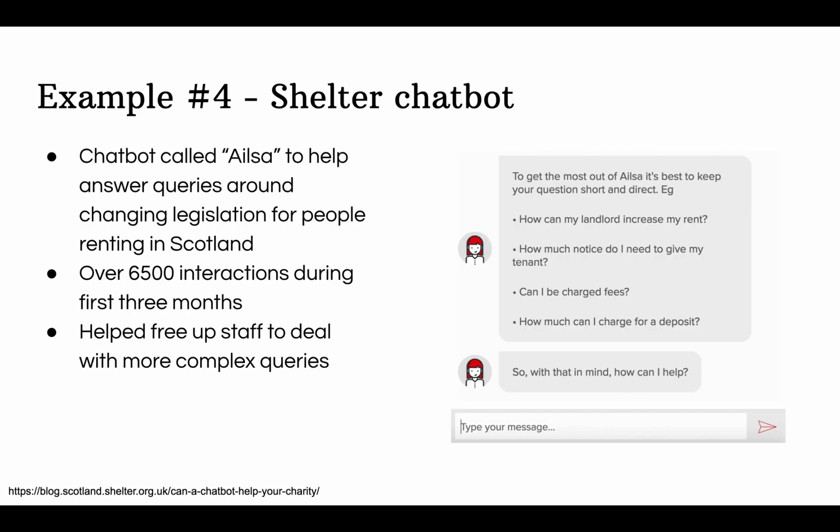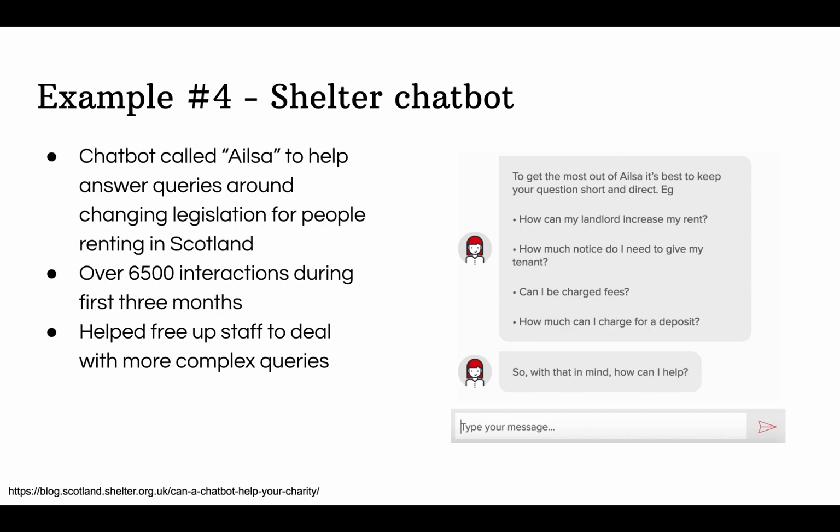And finally, Shelter. Shelter in Scotland decided to put a chatbot together in response to changing legislation for people renting in Scotland. They knew that with this new legislation coming in, Shelter would be inundated with very, very similar questions. So instead of bothering all of their admin staff and their telephone service people with answering the same questions over and over again, they put a chatbot in place.